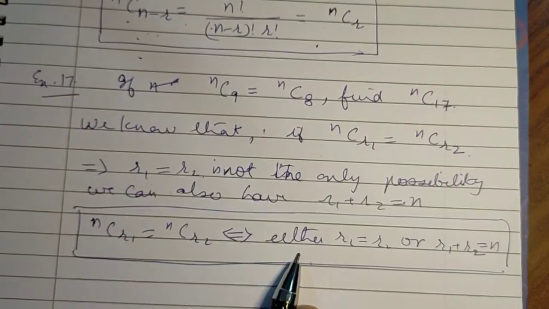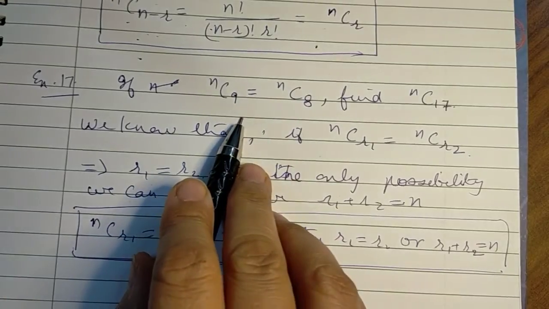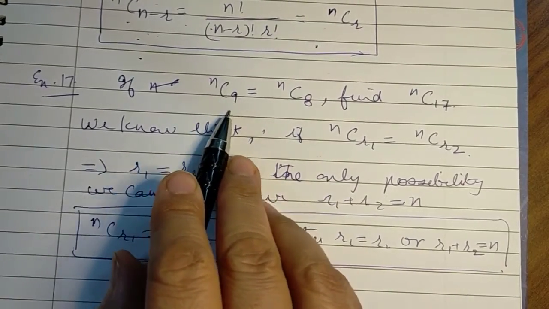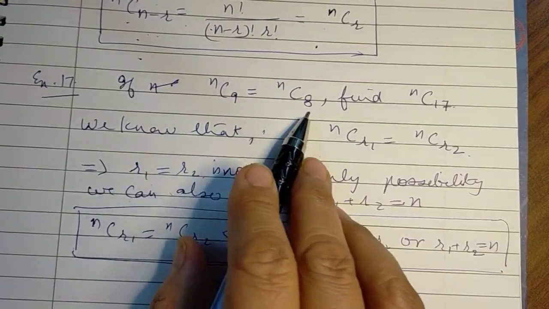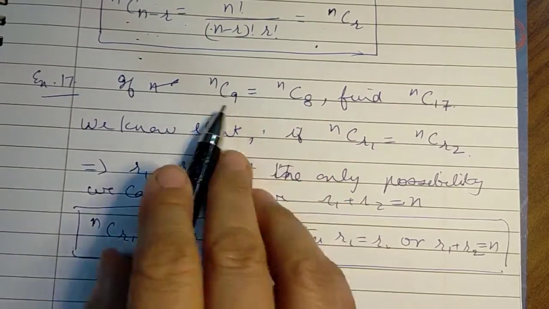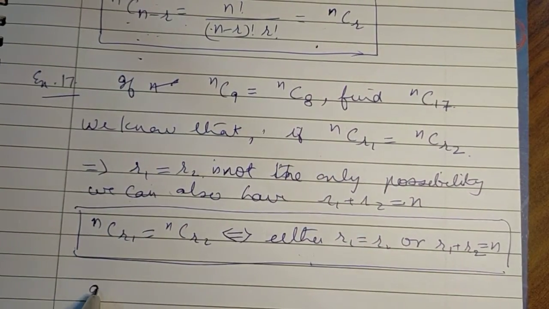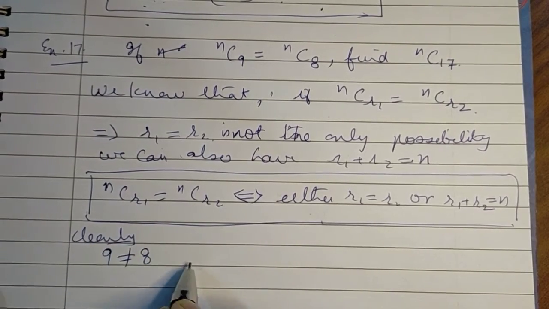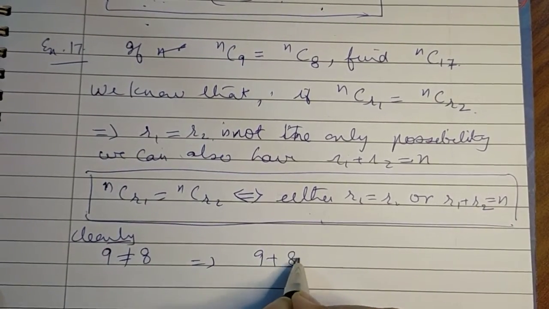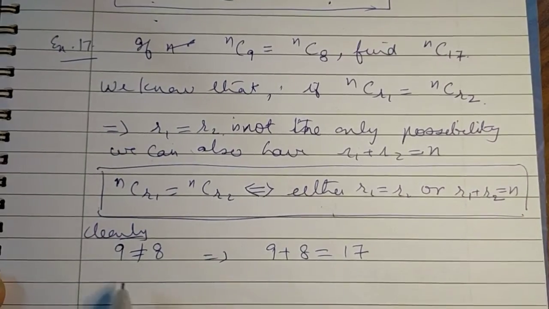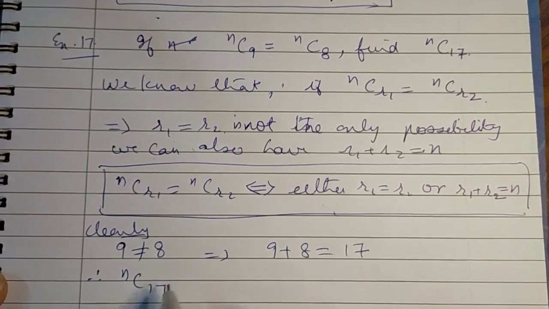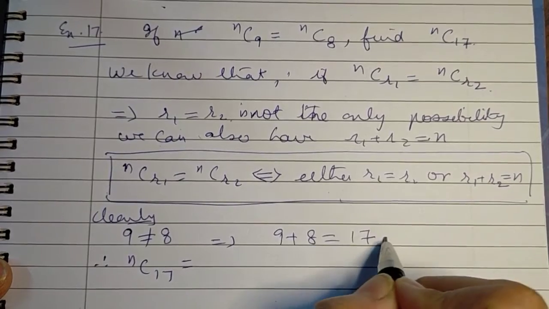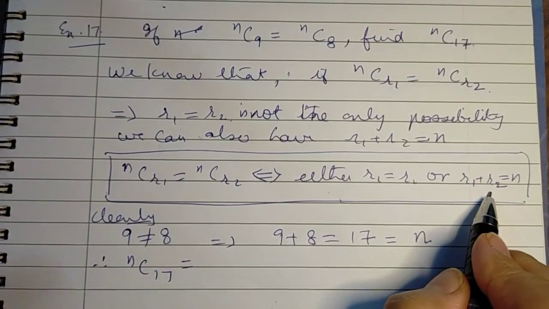Now using this property, we see in this question that nC9 equal to nC8, so obviously 9 is not equal to 8. So what do we get? It means that 9 plus 8 equal to 17, and therefore n is 17.